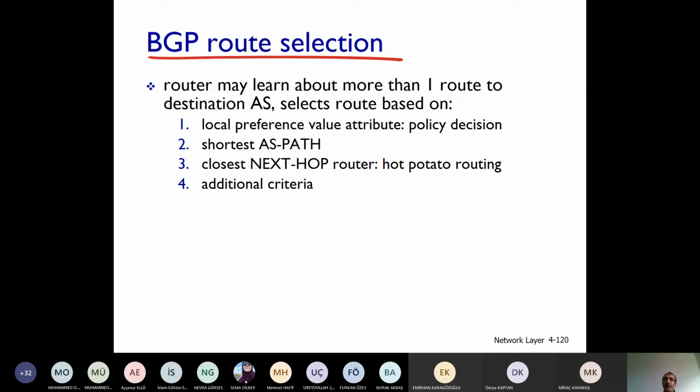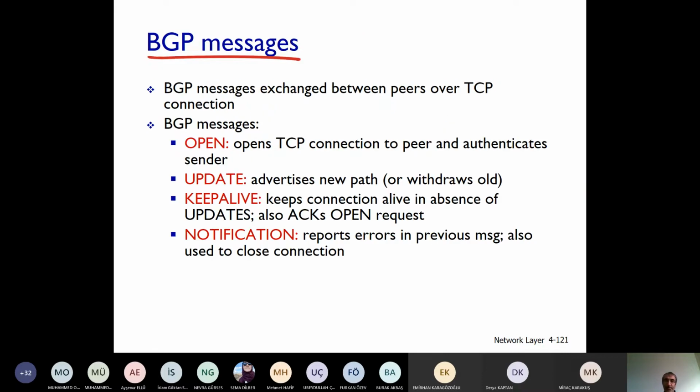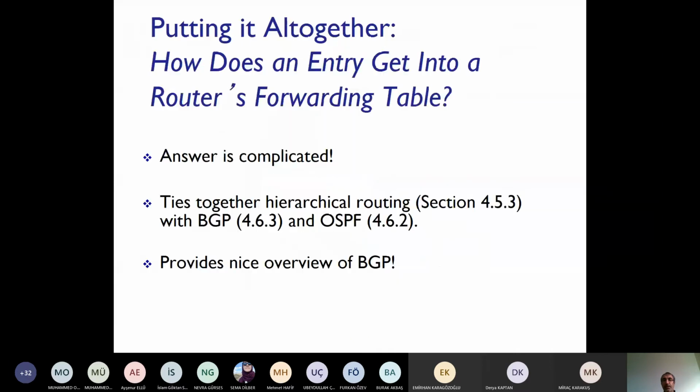In the first step, the policy decision, then the shortest AS path, then the closest next hop router using the hot potato routing method, and some additional criteria. These are the four main criteria used by BGP to choose a route. There are some details that I'm skipping.